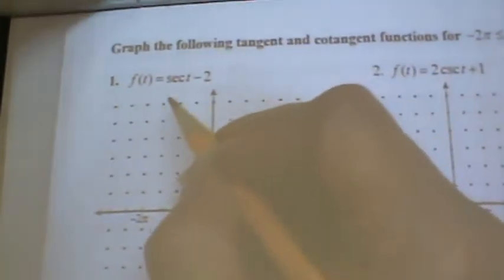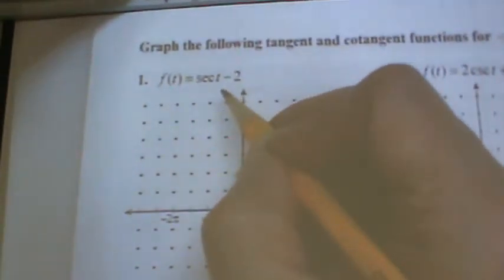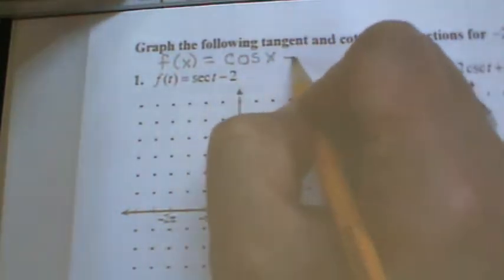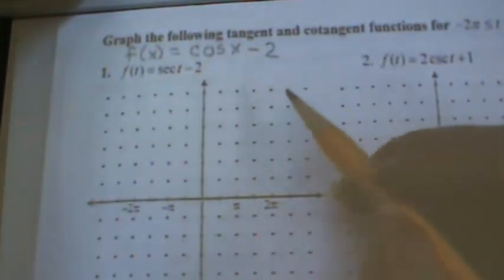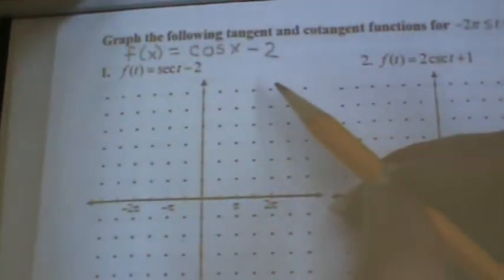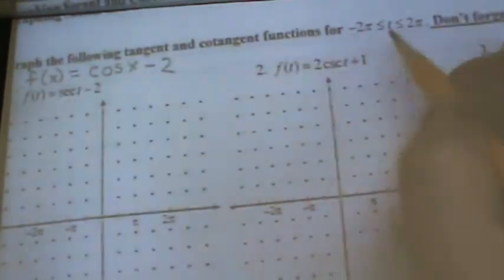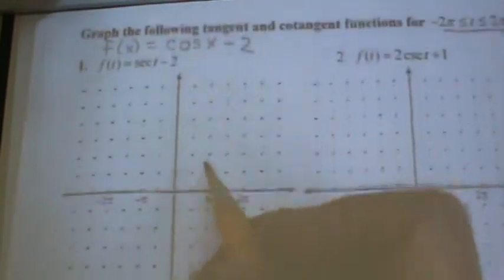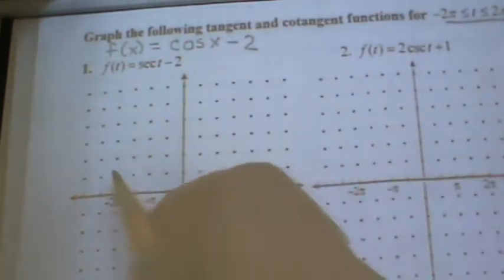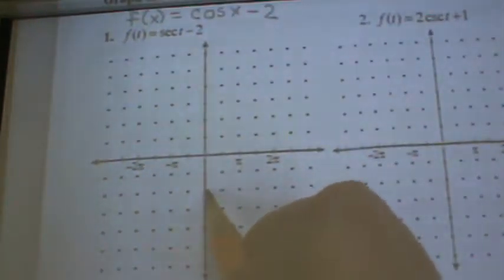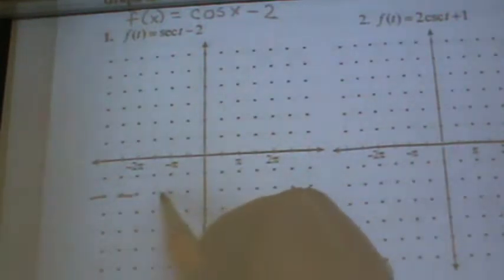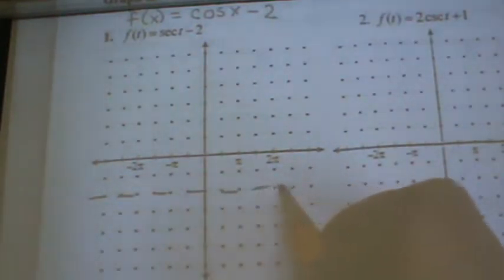For number 1, you're going to graph the cosine curve. So, with a broken line, how do you graph the cosine curve minus 2? And again, the directions are from negative 2 pi to 2 pi. So what you're going to do is start at negative 2, which is where? Right here. Here's your new x-axis, at negative 2.